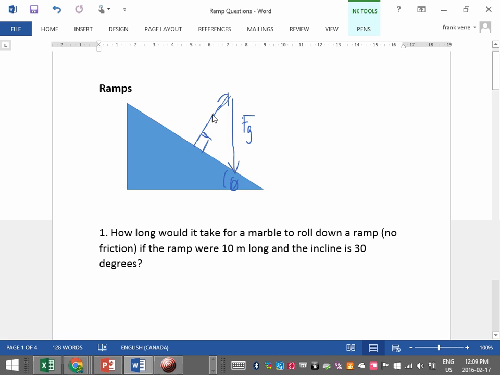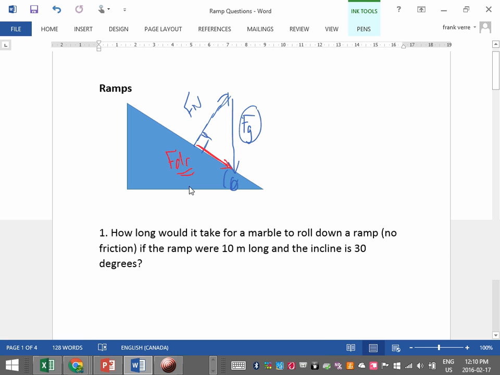What are you seeing right now? Seeing another triangle here. So here's my force due to gravity. This is my normal force. Now, you see this component here? That is your force down the ramp.